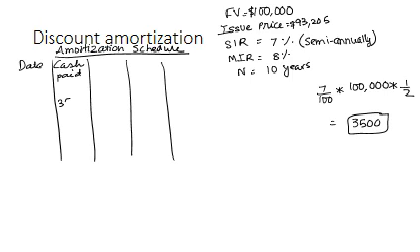So $3,500 is the interest paid on this bond, but on the date of the issue we have to populate our column on the issue price of the bond.